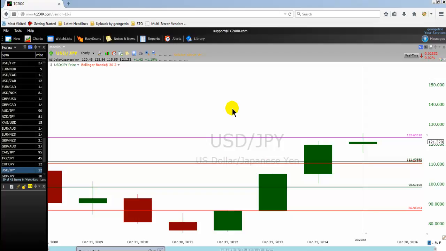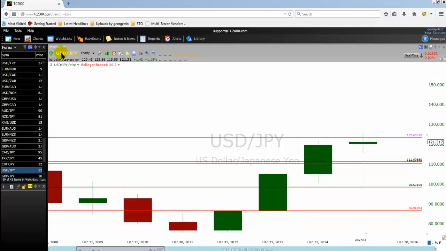So what can we recommend to traders? If crude oil is going up, there is a high chance that this currency pair will, what will happen? The yen will be going down. The yen will suffer and the dollar will suffer less.